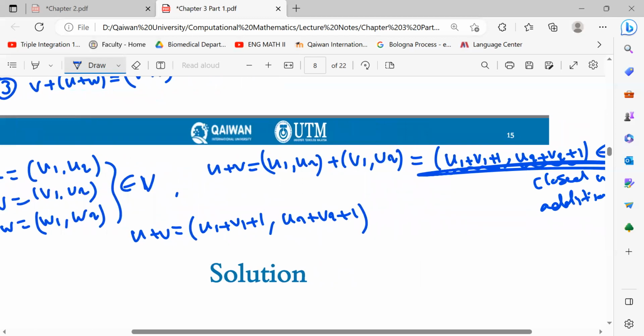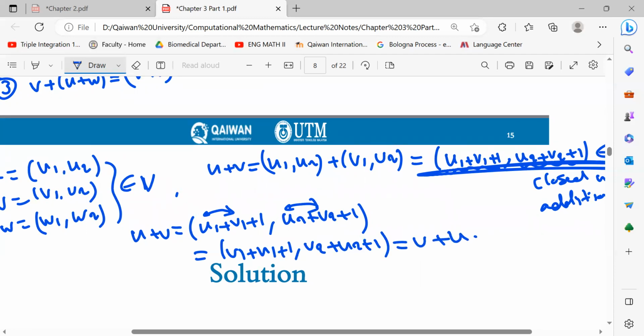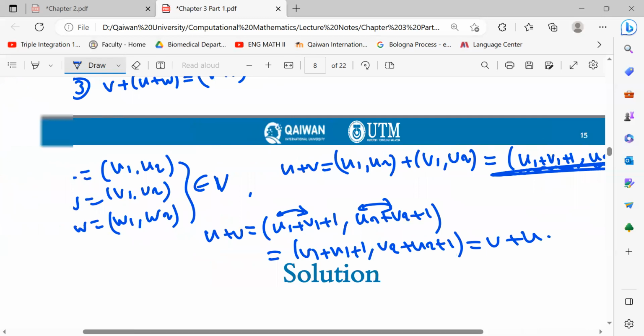If we interchange these two, what do we get? (V1 plus U1 plus 1, V2 plus U2 plus 1). Is this equal to V plus U or not? You bring it to front. So it's V plus U, so it satisfies the second.